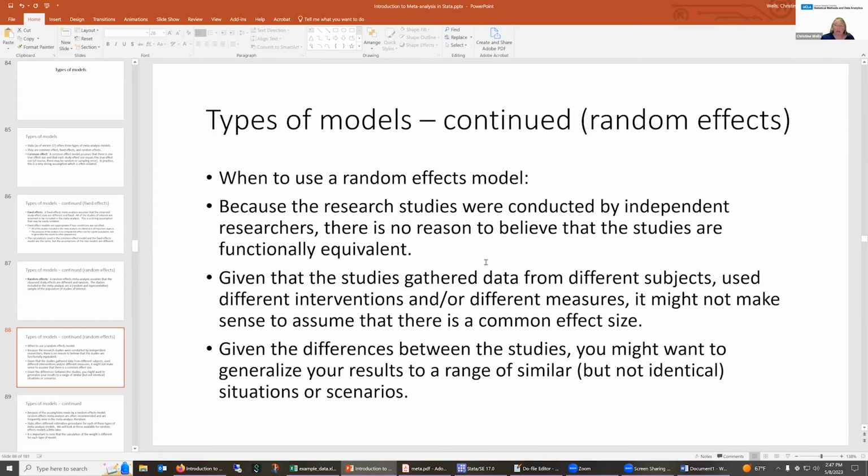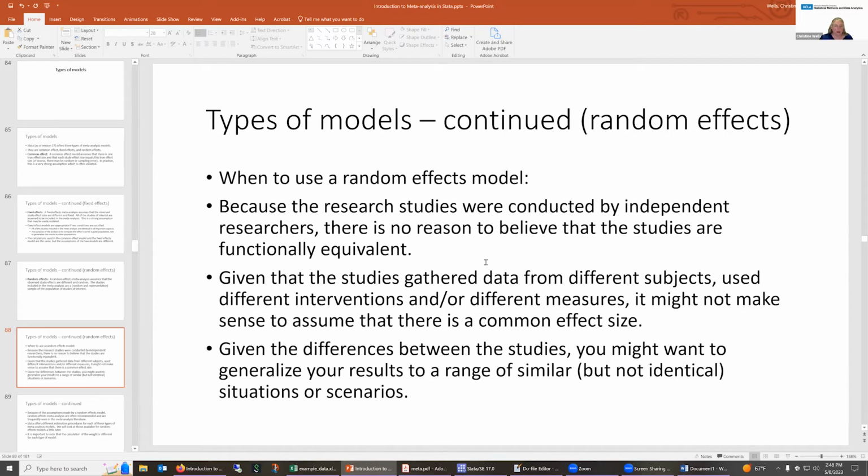You would use a random effects model because the research studies were conducted by independent researchers. So I don't see any compelling reason to think that the studies are functionally equivalent. It might not make sense to assume that there's a common effect size because the data are gathered from different subjects using different interventions, different measures, different all sorts of other things.